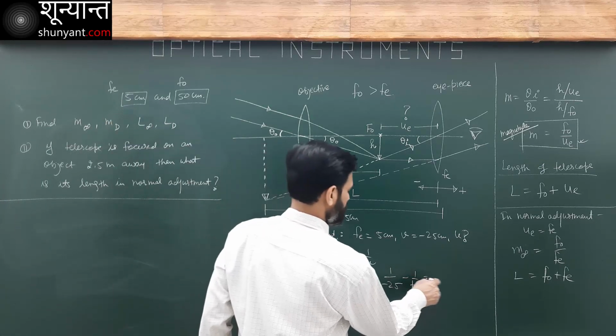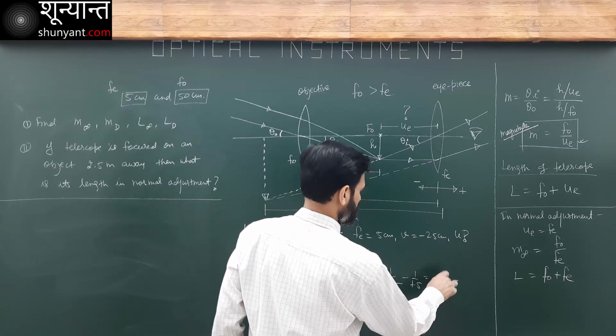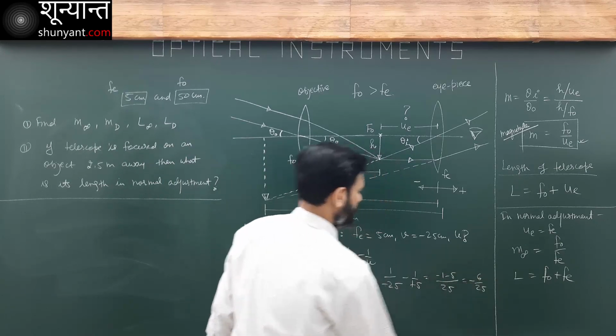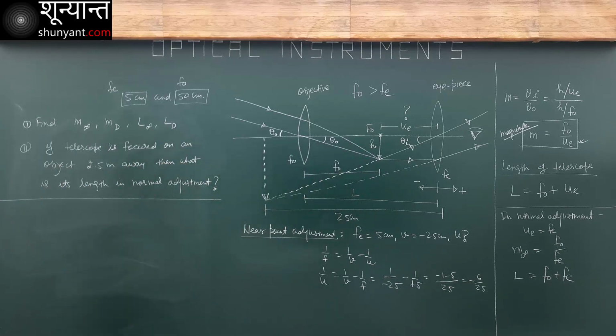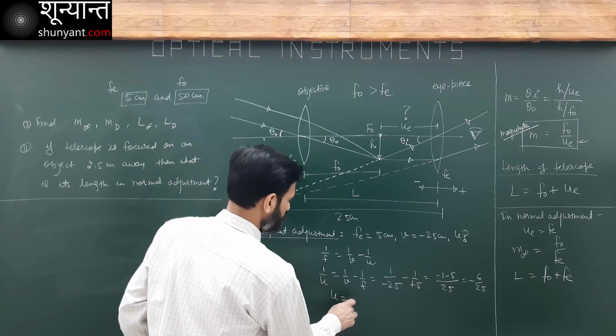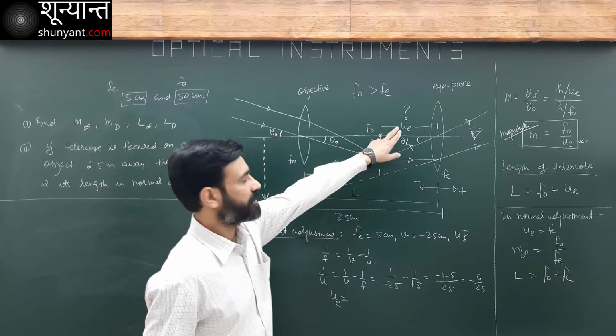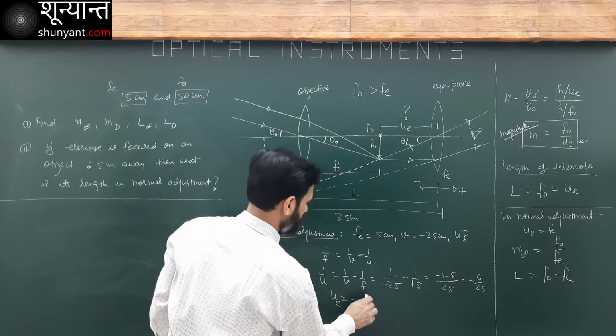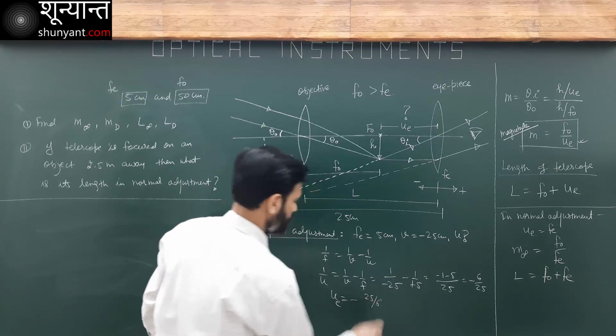So we have minus 1 minus 5 over 25, minus 6 over 25. This is my 1 over U. U is going to be equal to UE. Actually, UE is going to be minus 25 over 6. That's it.